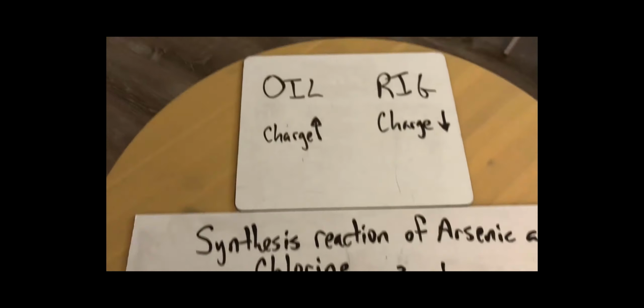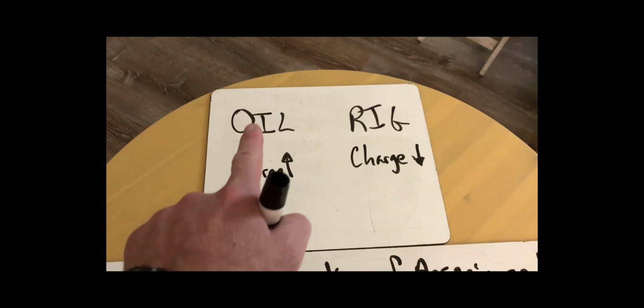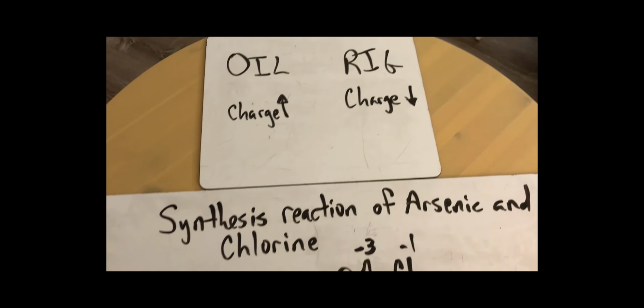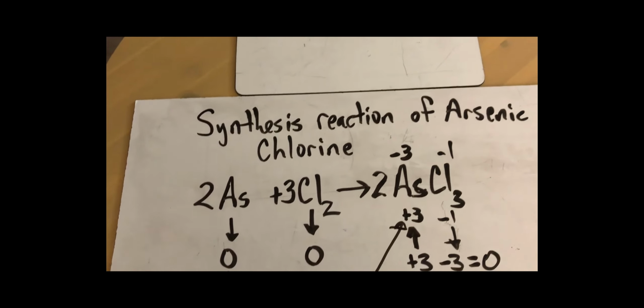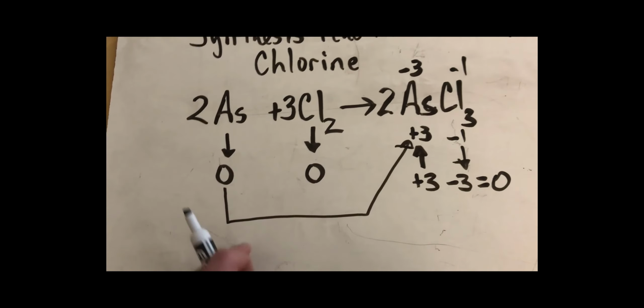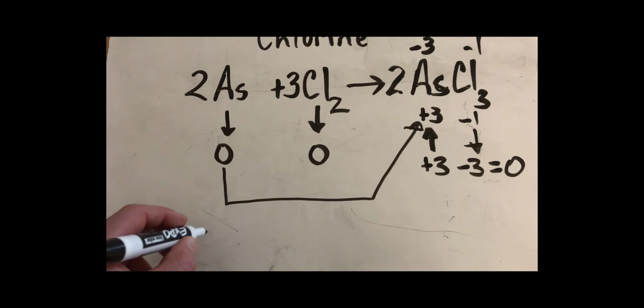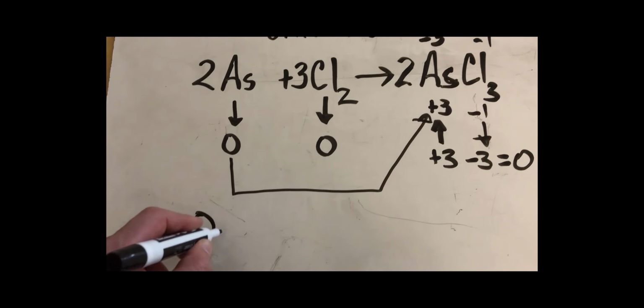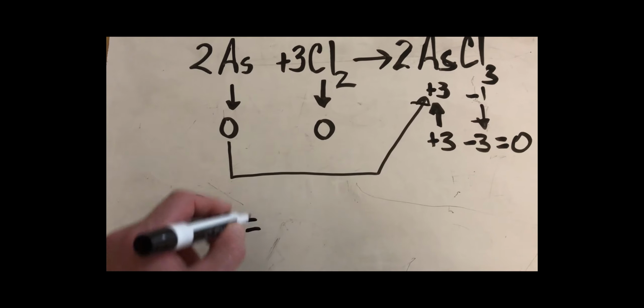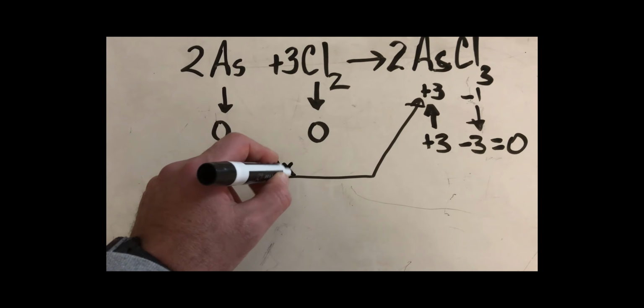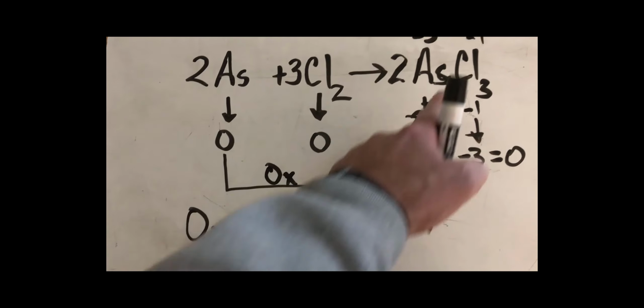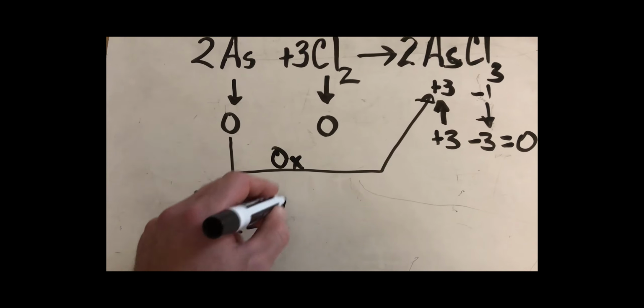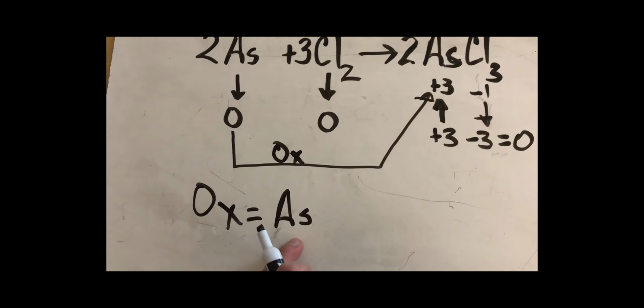So what is happening to its charge? The charge is going up. Okay, so we would say that the arsenic is being oxidized. Okay, so I think on your homework it says something like what's being oxidized. So this is being oxidized, okay, because its charge is going up. And so arsenic is being oxidized.